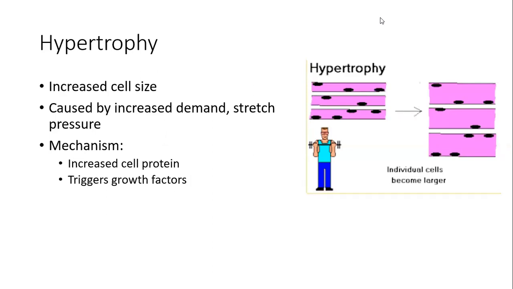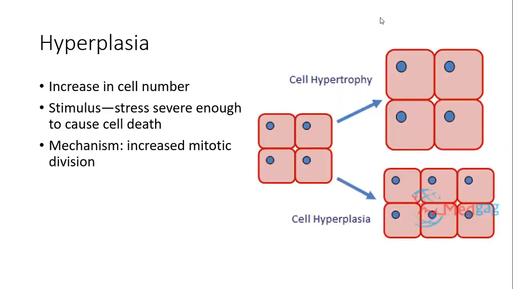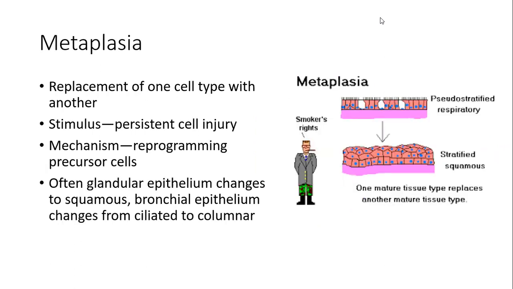So in hypertrophy, individual cells become larger. Hyperplasia is an increase in cell number. That is usually stimulated by stress severe enough to cause some cell death. And the mechanism is increased mitotic cell division. So there you see more cells, but they're the same type. The cell type doesn't change.